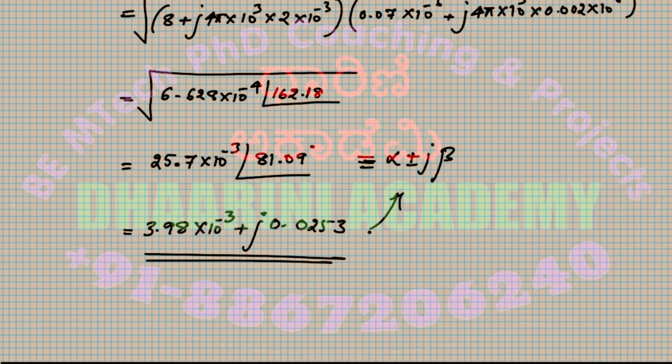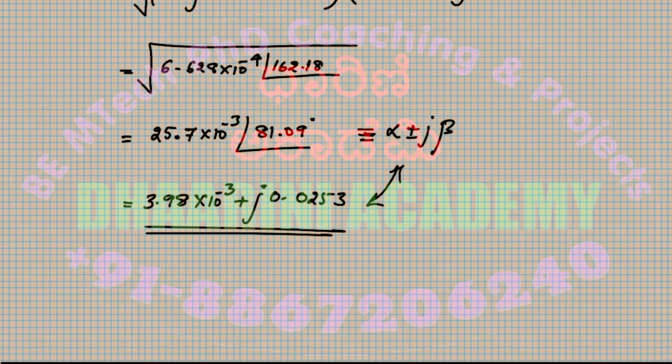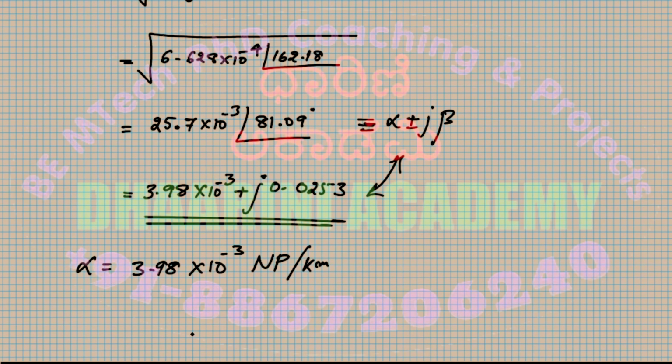You can compare it with the alpha plus or minus j beta. So the alpha value is equal to 3.98 into 10 to the minus 3. If you remember, this is Napiers. The standard notation is NP, and again, this is per kilometer. And you have the beta value.